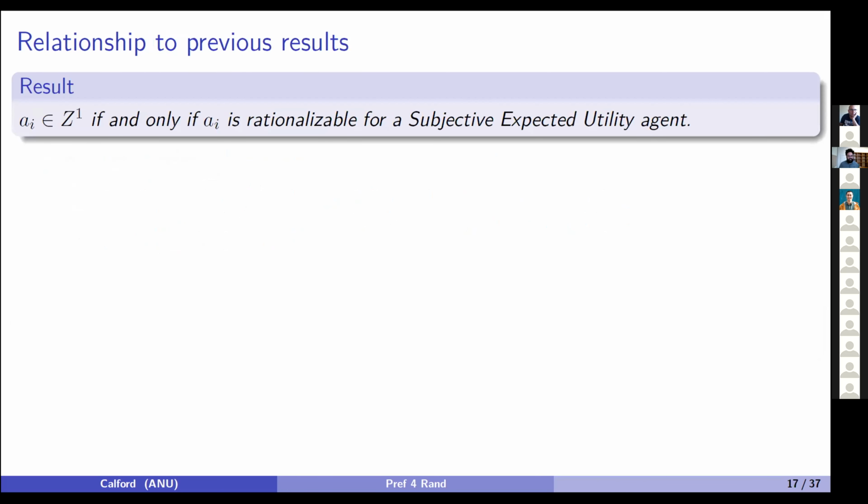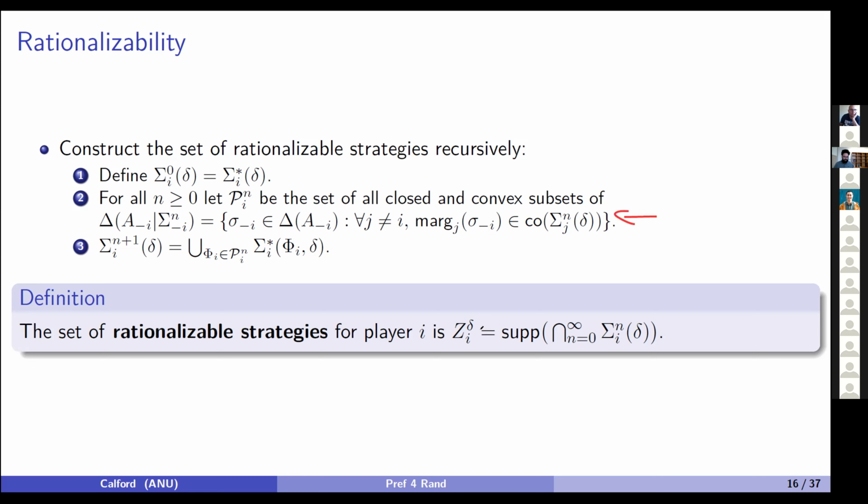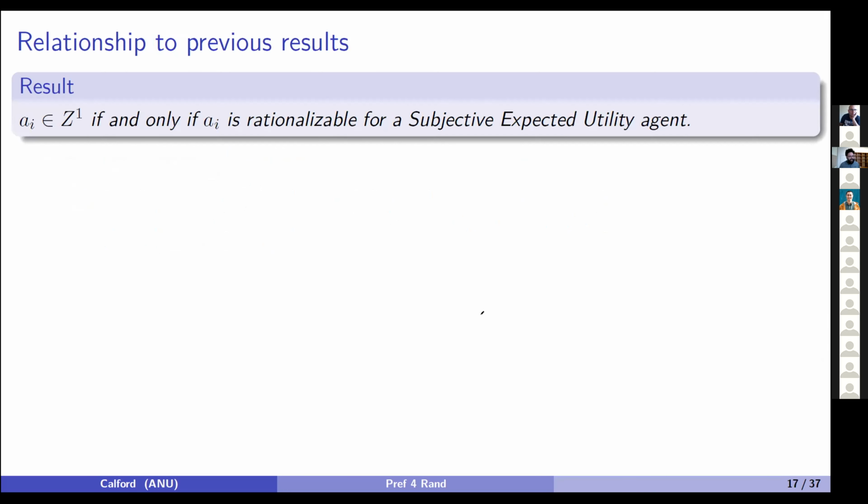Okay. So this set of rationalizable strategies I've defined here is, as you might expect, closely related to some previous notions of rationalizability that are in the literature. For example, if delta is equal to 1, then the set of rationalizability I just defined is equivalent to the standard Pearce-Bernheim. Well, sorry, it's equivalent to the correlated rationalizability.